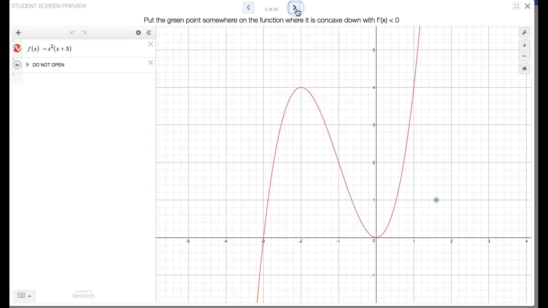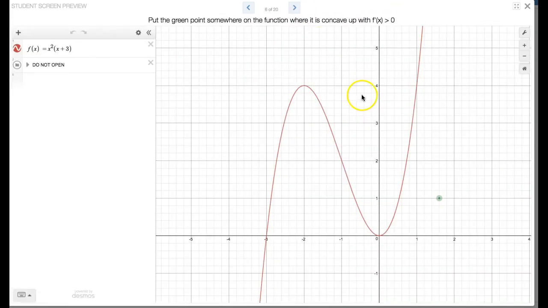And then here's an example: put the green dot where it's concave down. This is concave down, and the derivative is negative here, because the slope is negative. You see there's a maximum point here, and that happens when the derivative, remember, goes from positive to negative, and then it's a maximum and it's concave down.